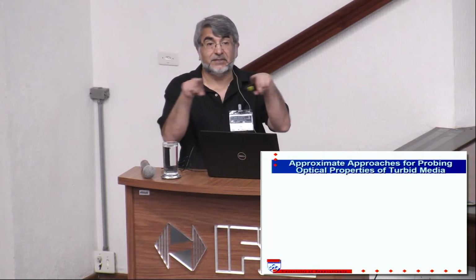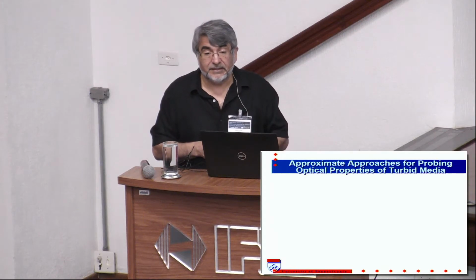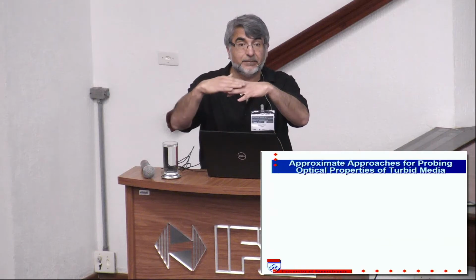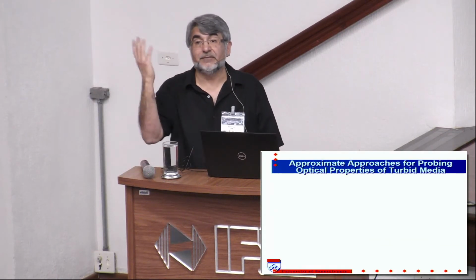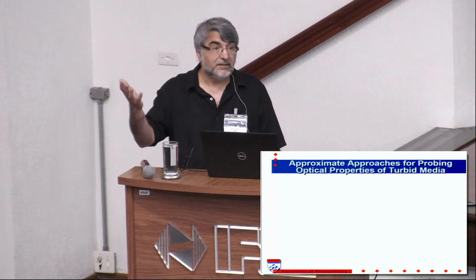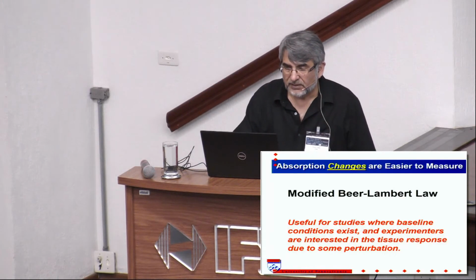You can do it with CW lasers. You don't need modulated lasers or pulsed laser sources. And it's useful, especially when you have a baseline condition and you're measuring a perturbation. And what it does is it lets you go from the measurements of changes of diffuse light fluence rate, changes in absorption directly. So let me sort of show you how that goes, okay?